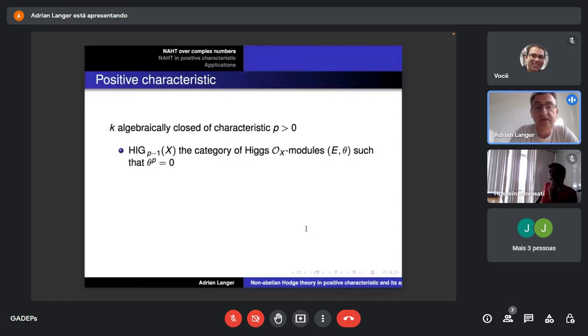This is the category of Higgs modules (E, theta), where theta to the power p is equal to 0. It means that the Higgs field is nilpotent of level p, say.